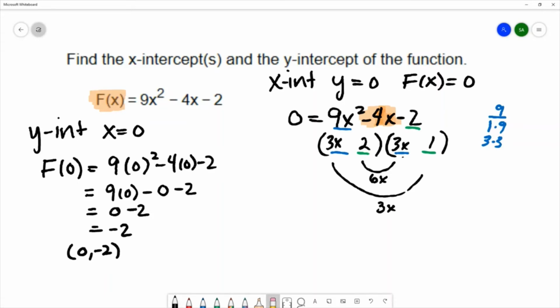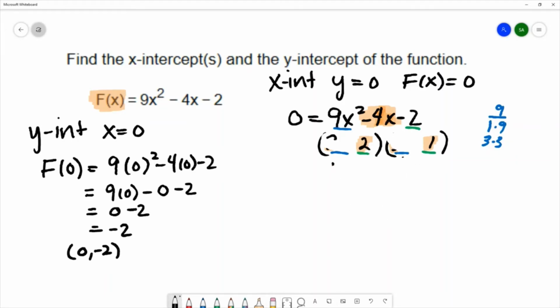Normally, I would say we would switch the 2 and the 1, their position. But since our beginning numbers are the same, switching the 2 and the 1 aren't going to give me a different combination. So I need to switch my front numbers and try 9 and 1.